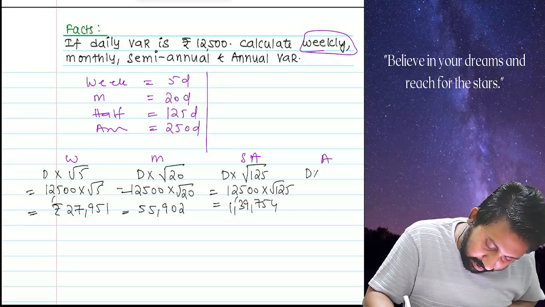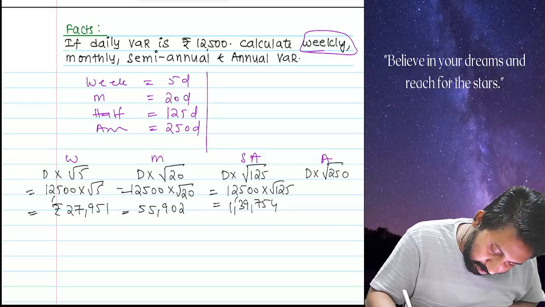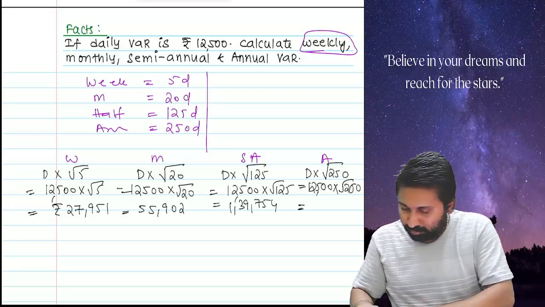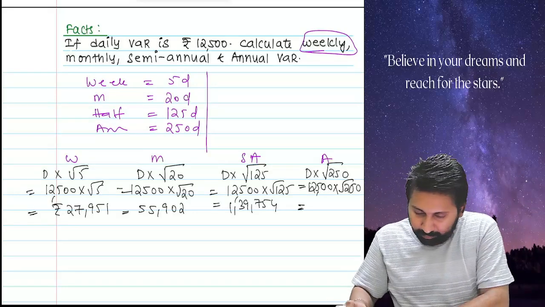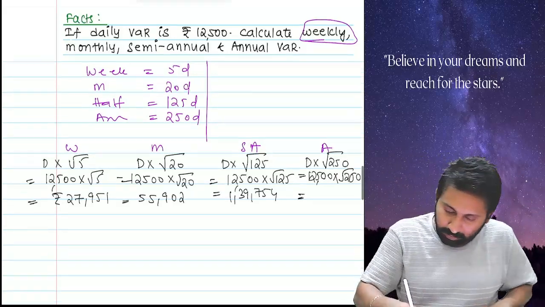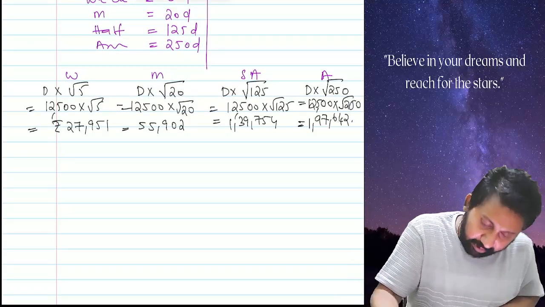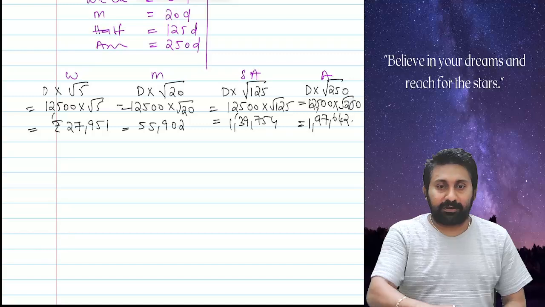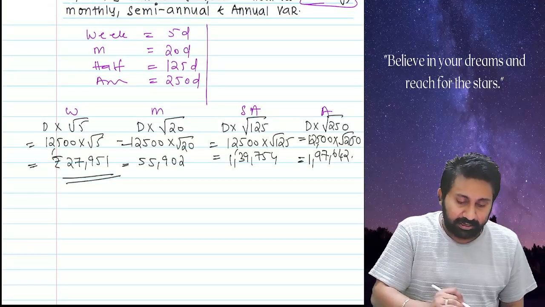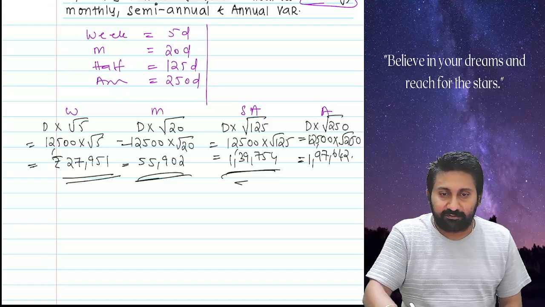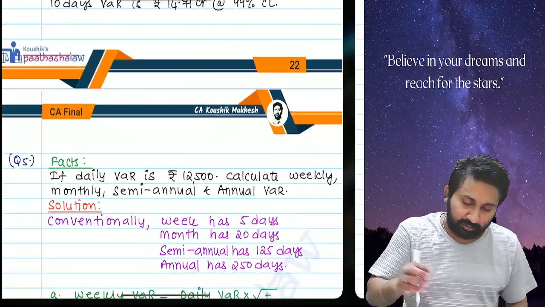Annual is 1,97,642. So we got 4 numbers. How much? 27,951, 55,902, 137,754, and 197,642.